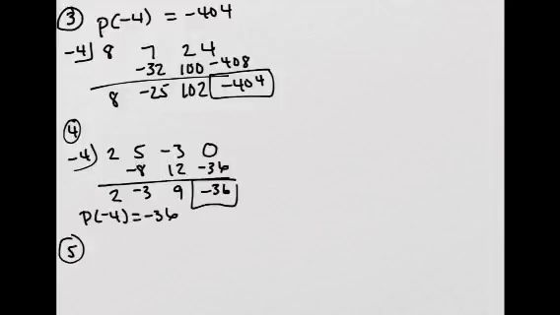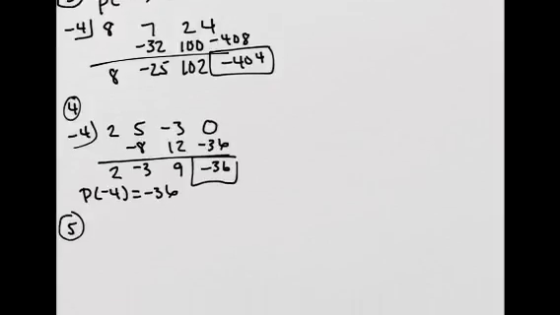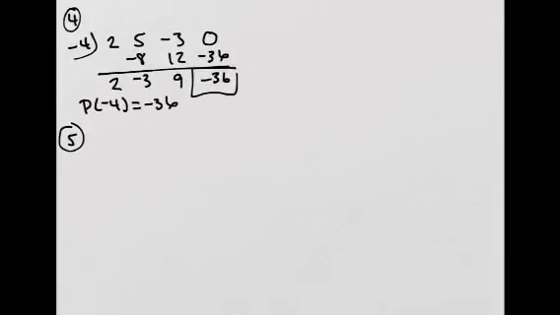Okay, for number 5 through 8, they want you to divide, and you could either use long division or synthetic division to find the quotient and remainder. Write the result with dividend equals divisor times quotient plus remainder, just like it says in the instructions, and I'll show you with each problem. For number 5, you cannot use synthetic division.